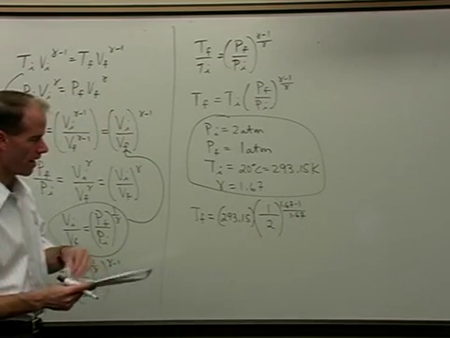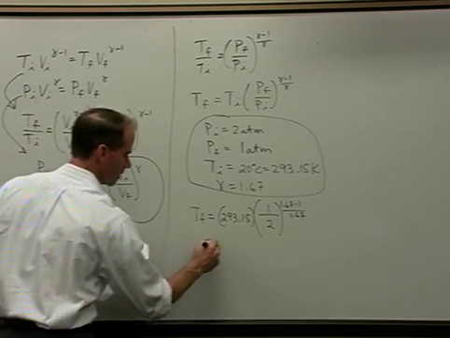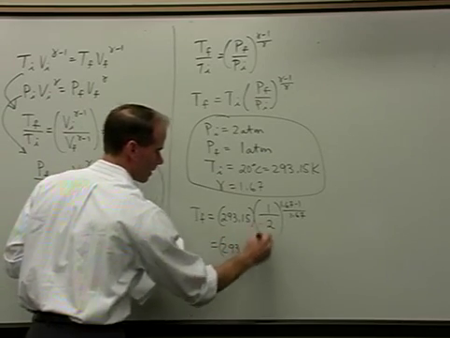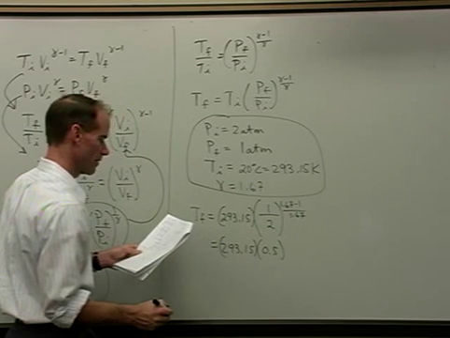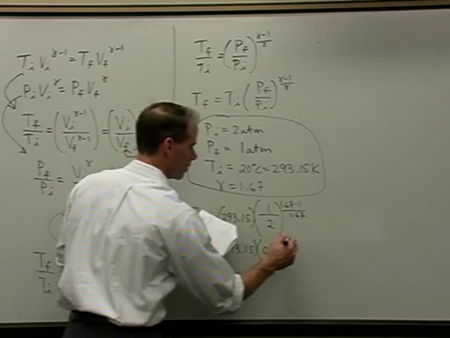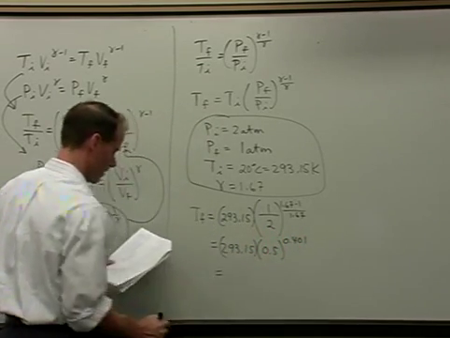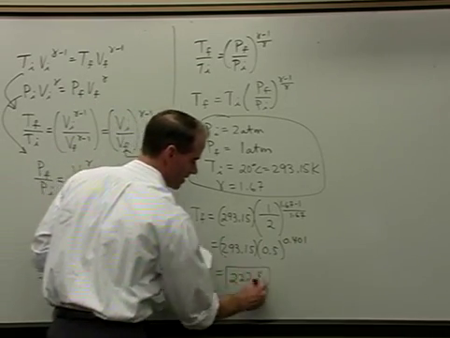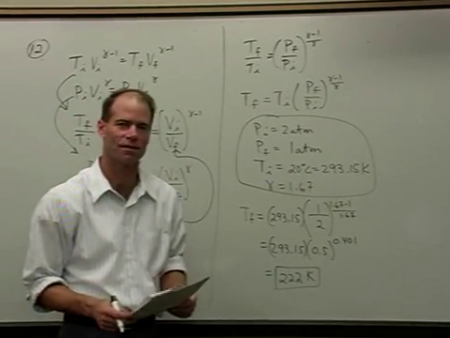And if I do all that, this would be 293.15 times 0.5, and all that will be 0.67 over 1.67, which will be 0.401 power, and that gives me 222 degrees Kelvin. So that is our final temperature in this adiabatic expansion.